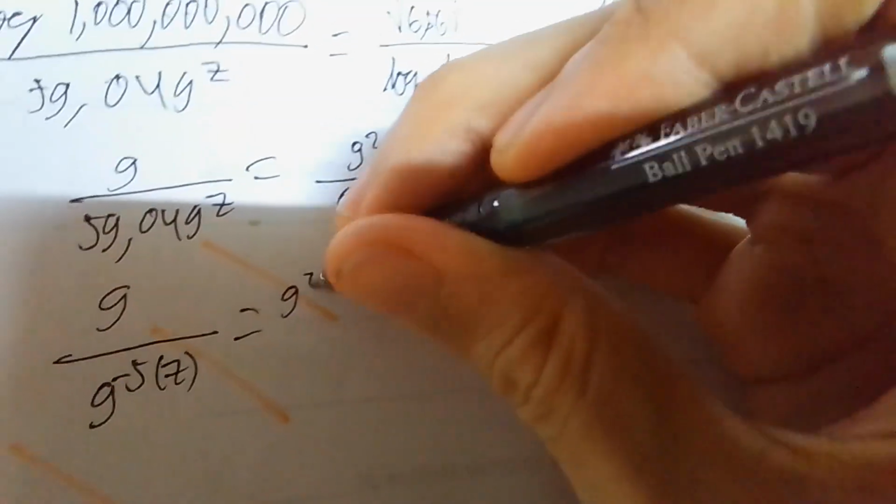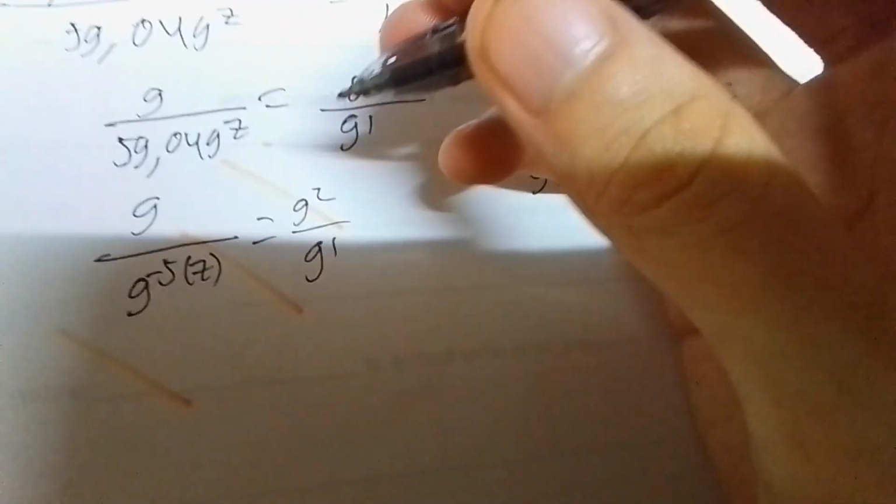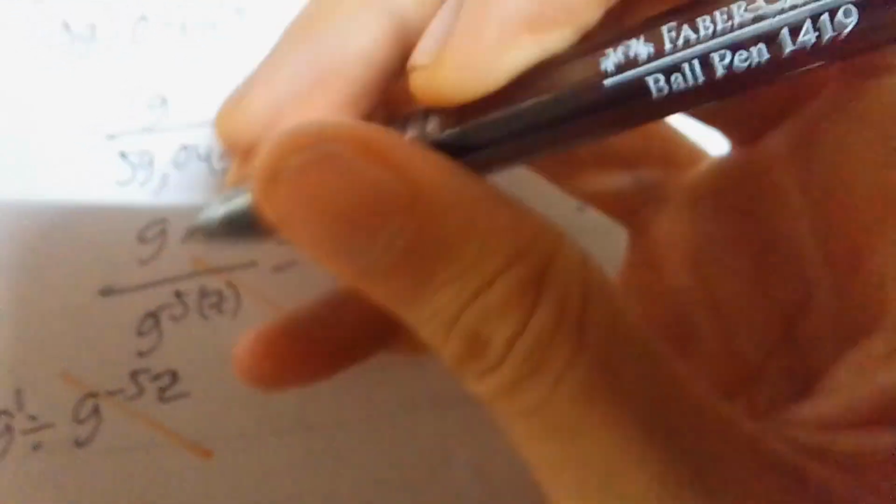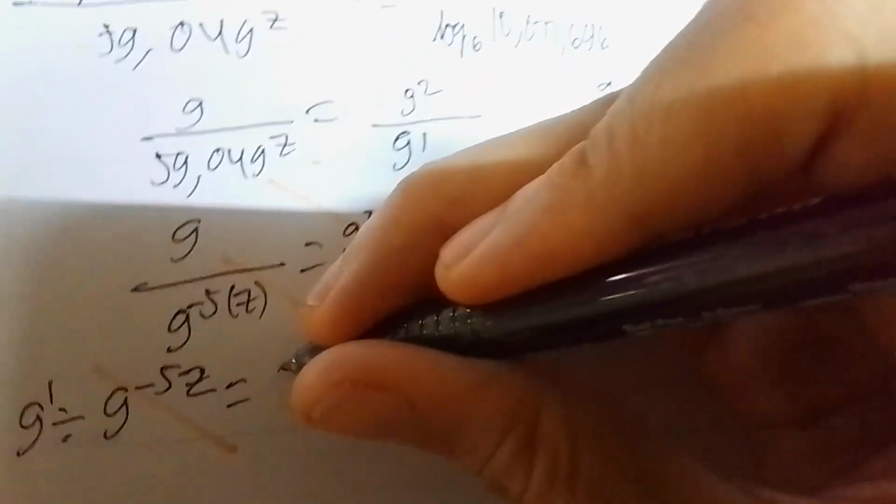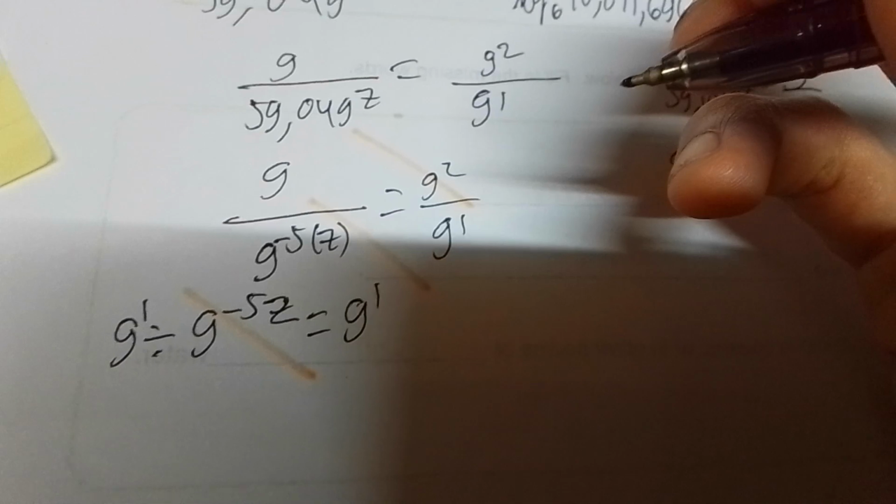So therefore, if I were to rewrite this, it's going to be 9 raised to the 5th power over z. Right? It's equivalent to 9 squared over 9 over 1. If I were to cross multiply, this will be something like this. So we have 9 raised to the 1st power, 9 raised to negative 5 times z, because negative 5 times z is equivalent to negative 5z. And it's equivalent to 9 raised to the 1st power.